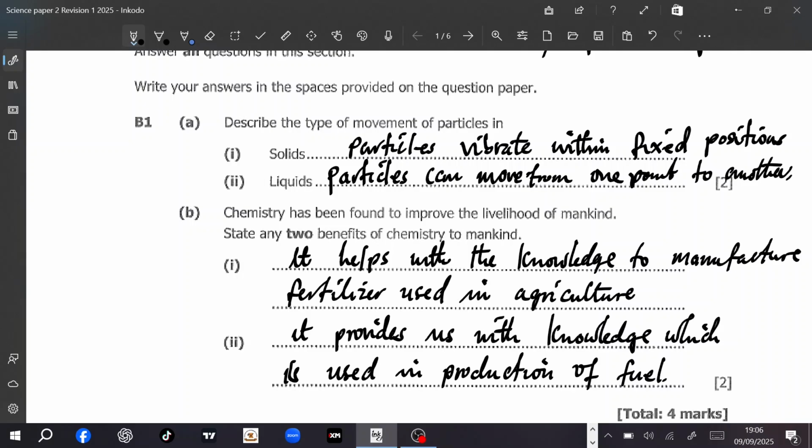So the fuel which we use is not found naturally in nature as fuel.